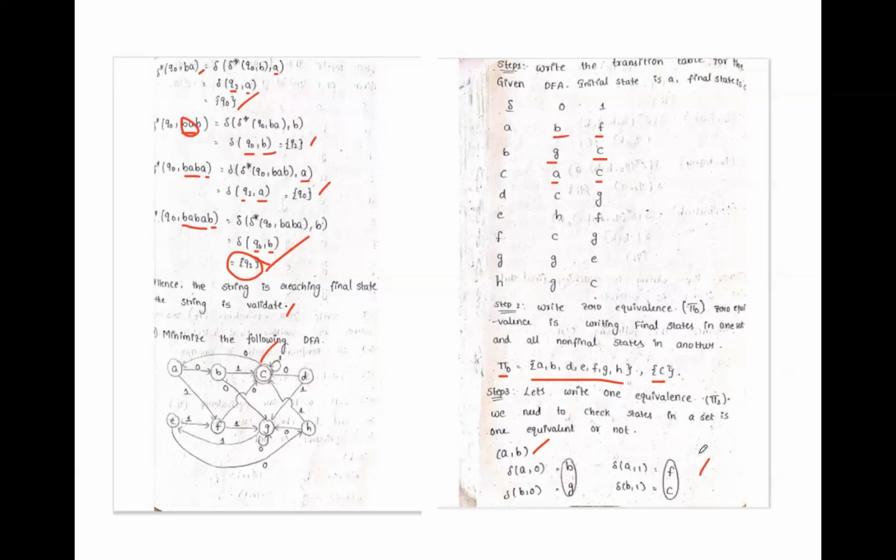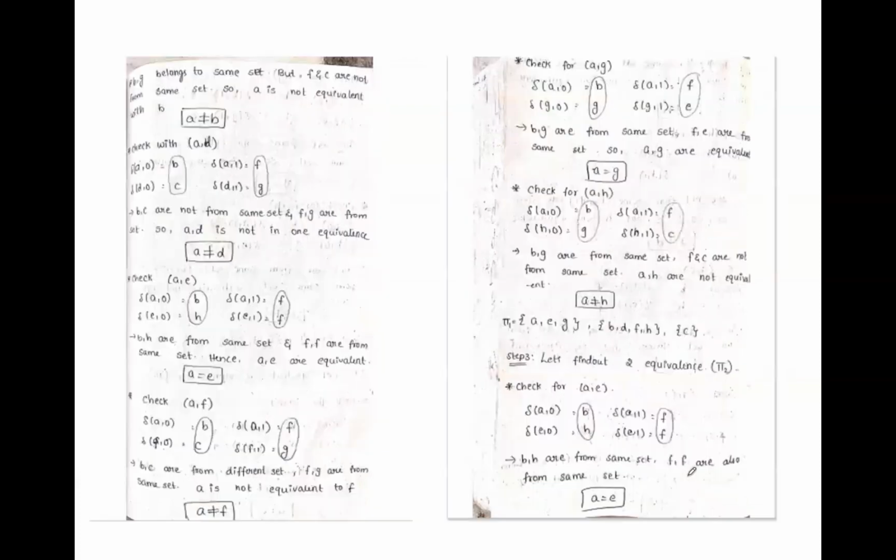So we can say that A is not equivalent to B. If both of them belonged to the same set like the previous one, then we could say that A is equivalent to B. But as F and C are not present in the same set, this is written as A not equivalent to B.